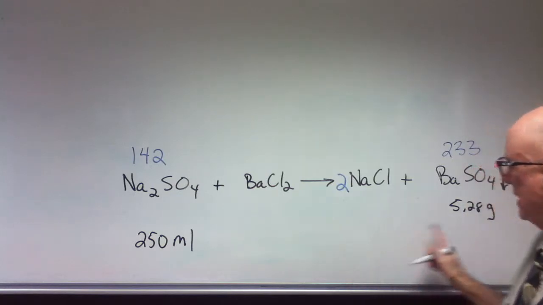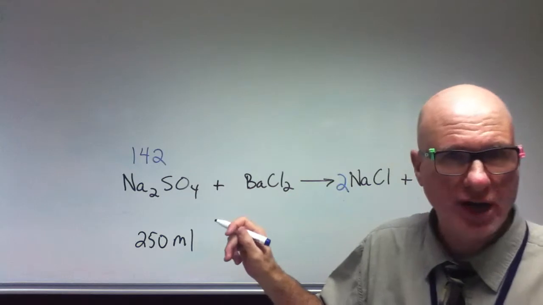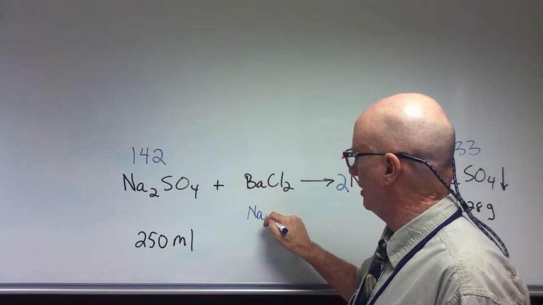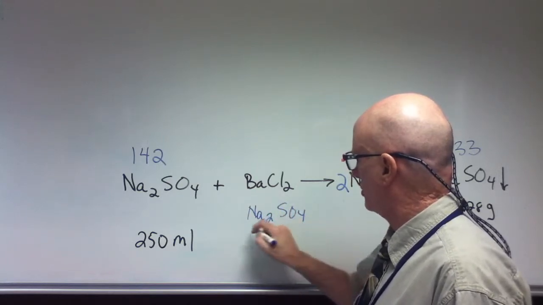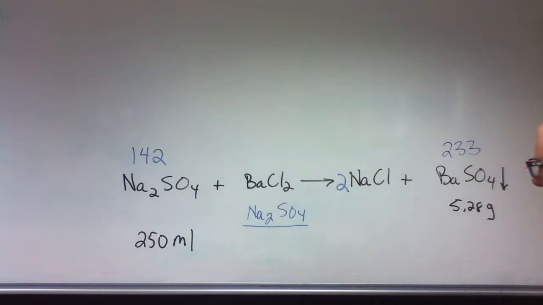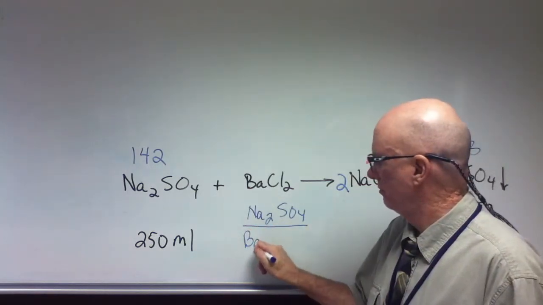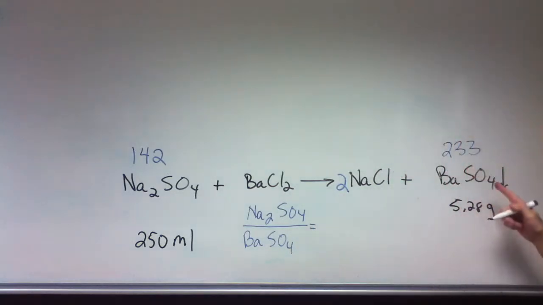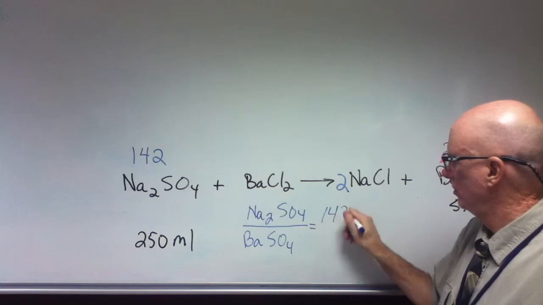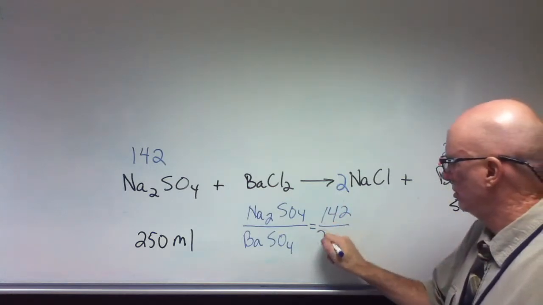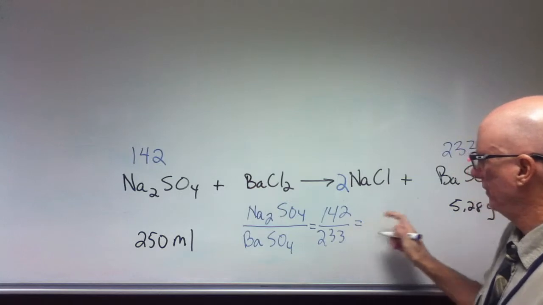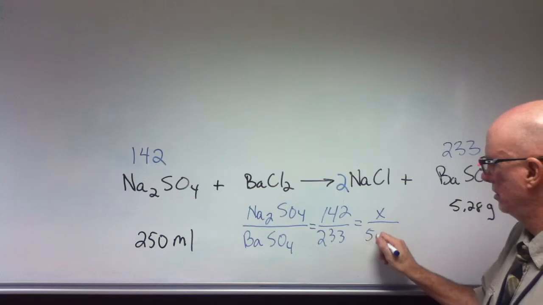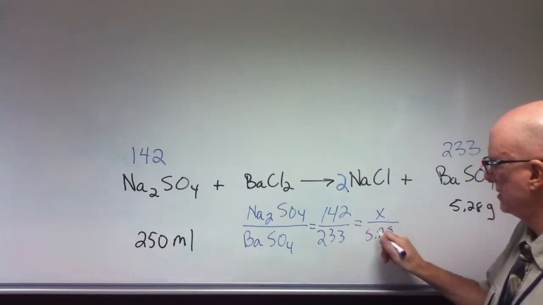So, again, we're going to say our known ratio: sodium sulfate over barium sulfate equals 142 over 233 equals X over 5.28.